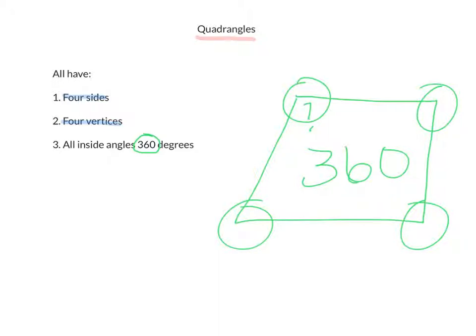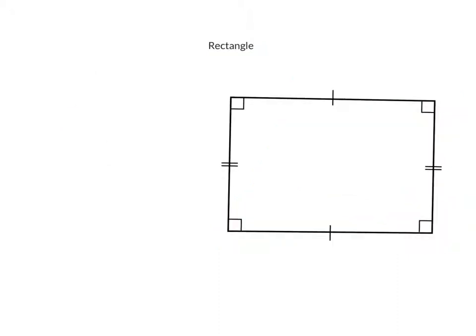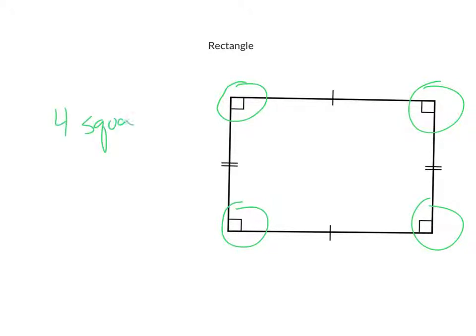So now we're going to take a look at the different types of quadrangles and what makes them different from each other. Our first quadrangle is a rectangle. Now, rectangles and squares are very special quadrangles because they're the only ones that have four square corners. So a rectangle has four square corners.